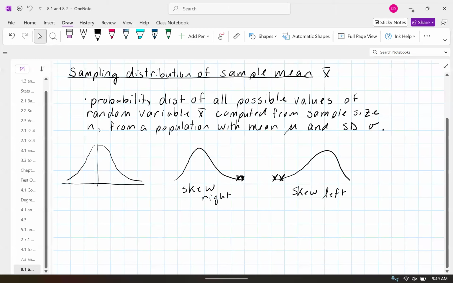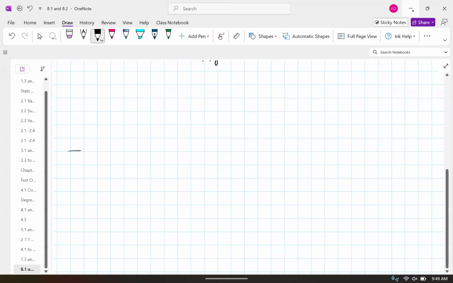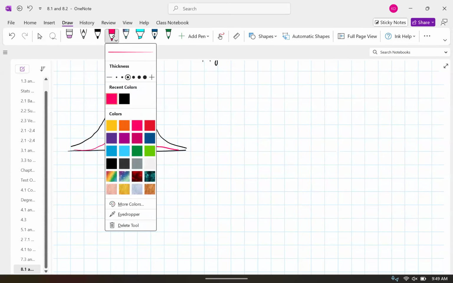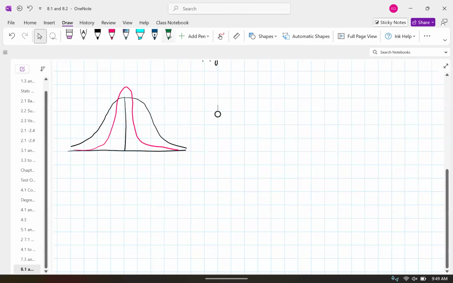So a thing to note, we can have the same distribution or same mean. Those are 3 different distributions that will all have the same mean.